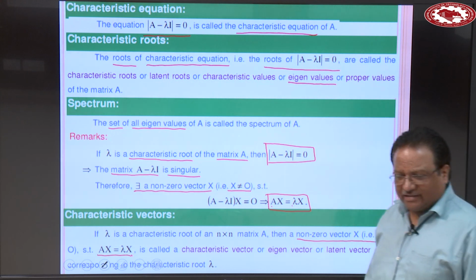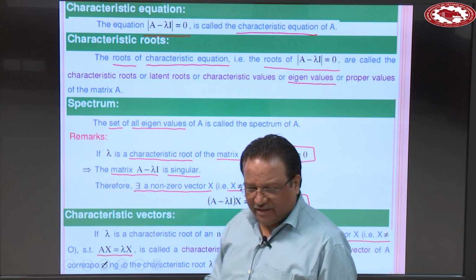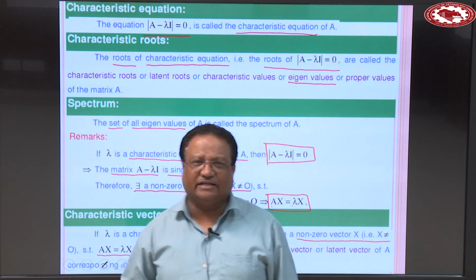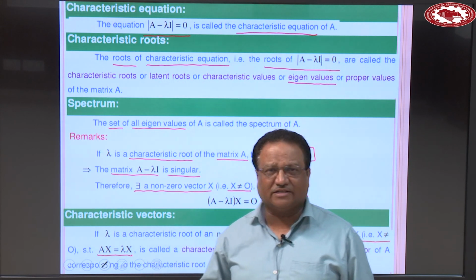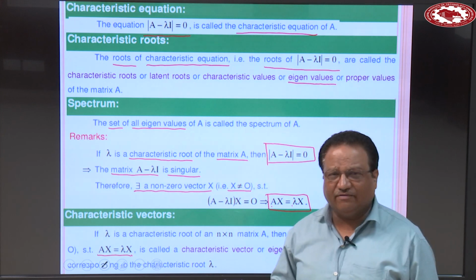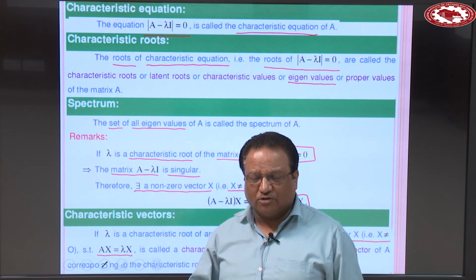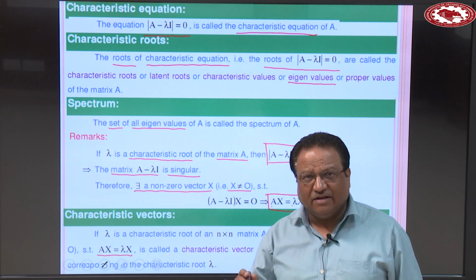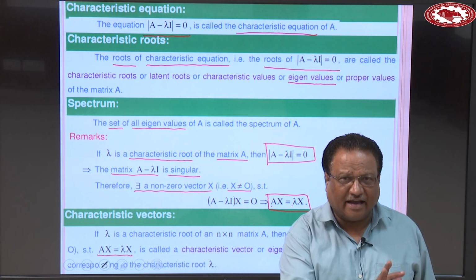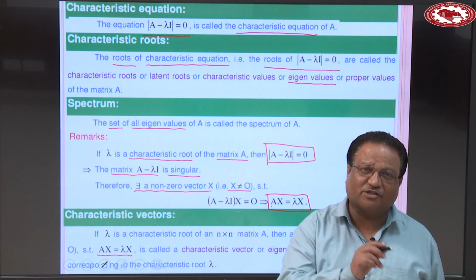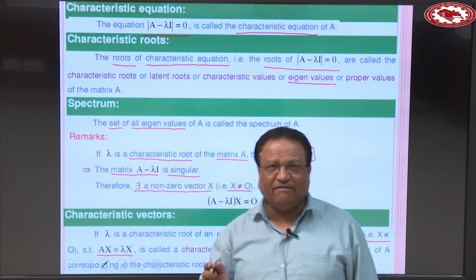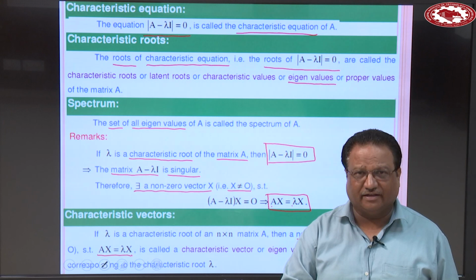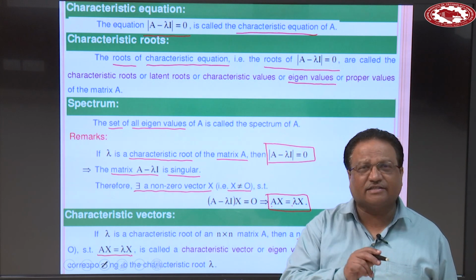So, this means that suppose we have a matrix of order 3 by 3, then we have 3 eigenvalues. Suppose lambda 1 is the first eigenvalue, lambda 2 is the second eigenvalue, lambda 3 is the third eigenvalue. Corresponding to lambda 1, we have an eigenvector, let us suppose capital X1. Similarly, corresponding to lambda 2, we have another non-zero eigenvector, capital X2.